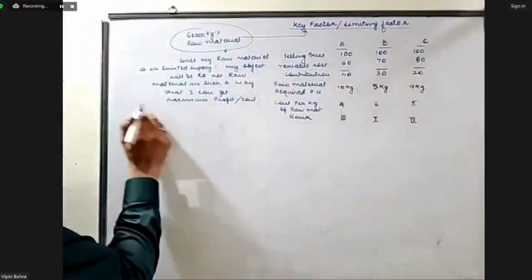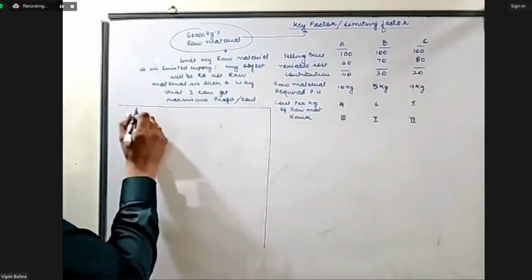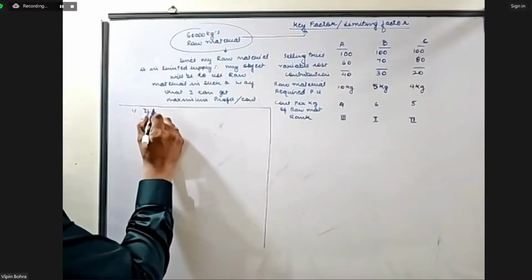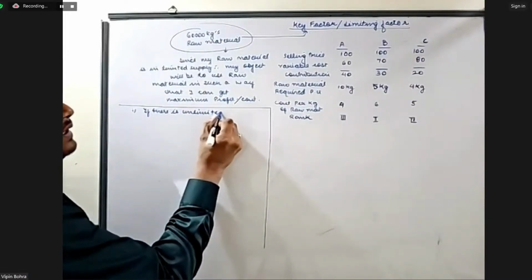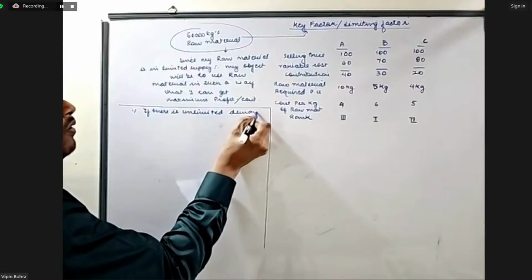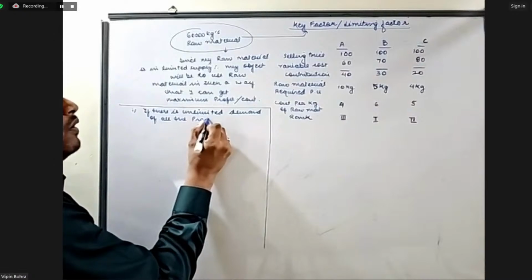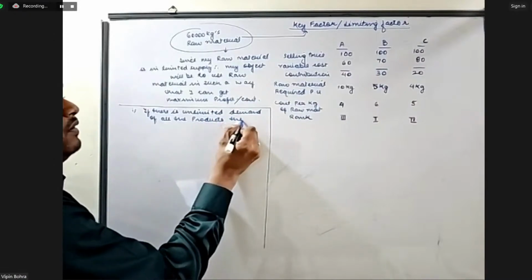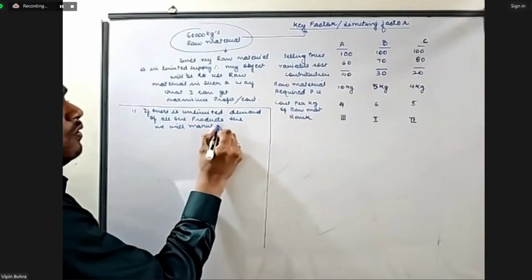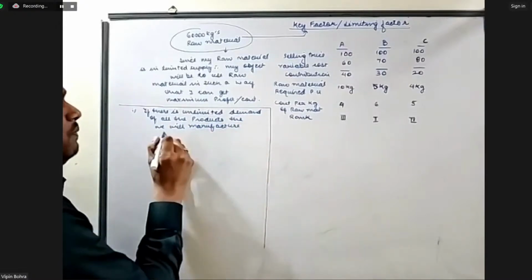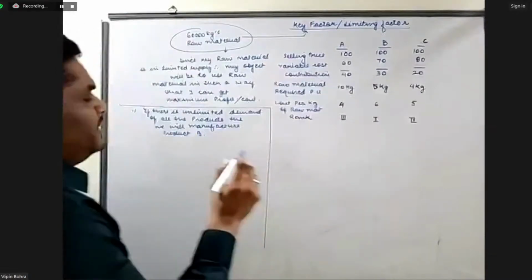So in the first case, if there is unlimited demand of all the products, then we will manufacture product B. So the number of units will be how much?